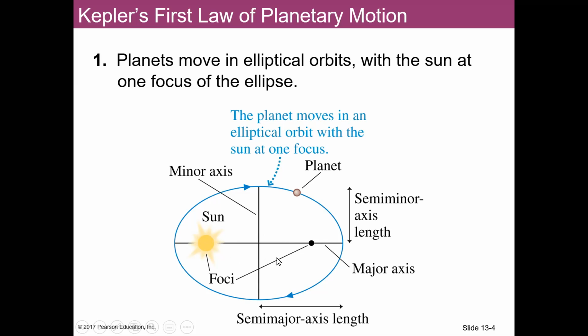And a quick way to make an ellipse is to stick a piece of paper on a bulletin board with 2 push pins and connect a rubber band between them, and keep a constant tension, and the rubber band will make a perfect ellipse, depending on the size of the foci, depending on the tension of the rubber band. But that's the first law.